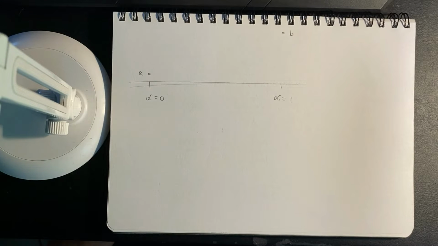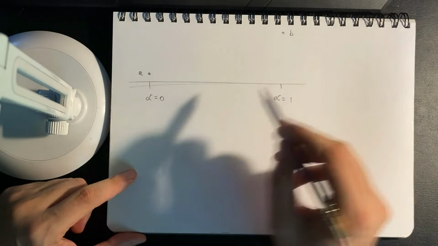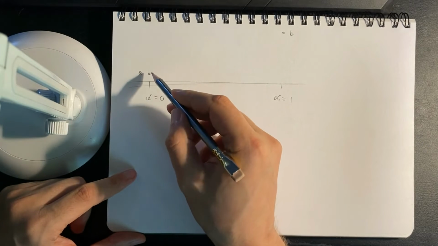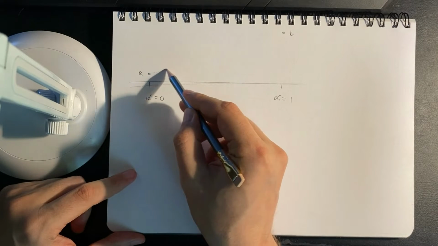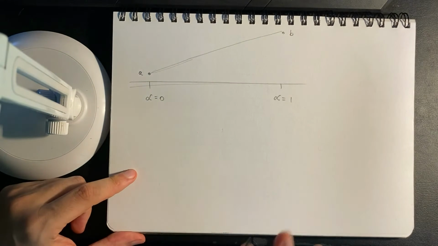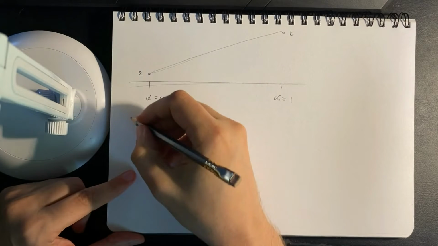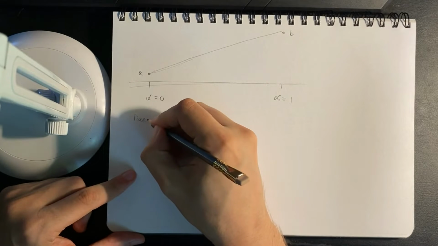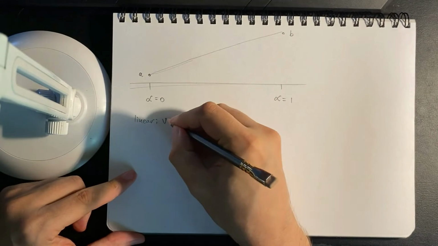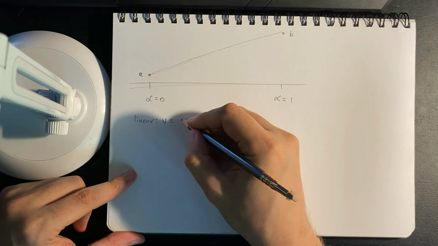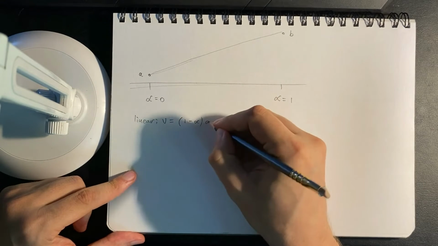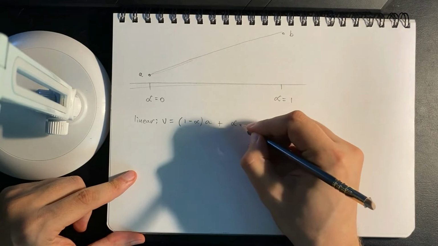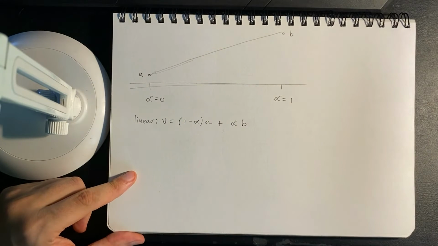So the simplest way to do this is to be linear. So to draw a straight line directly, to do this in one go. Pretend that's straight. Okay, so for linear interpolation, we have that the value v will be 1 minus alpha times a plus alpha times b.